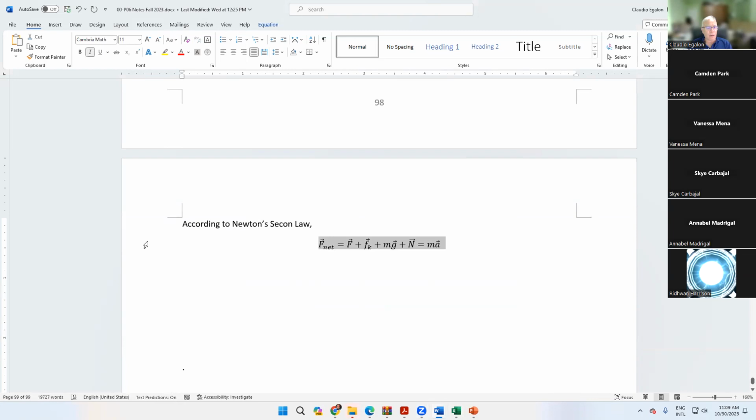But let's not forget also that there is an important relation between the velocity and the acceleration, which we call the Torricelli equation. Recall the Torricelli equation.